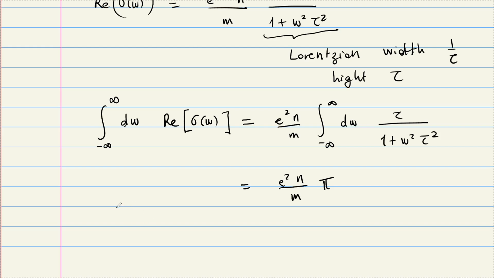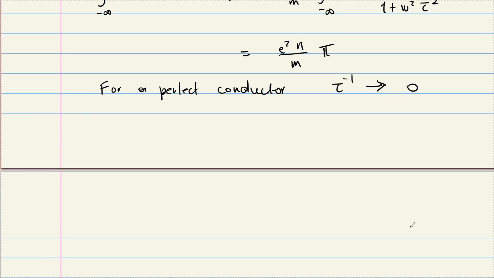So for a perfect conductor, tau to the minus 1 is going to go to 0. There will be no scattering. And sigma of omega in that limit is going to be 1 over minus i omega times e squared n over m.